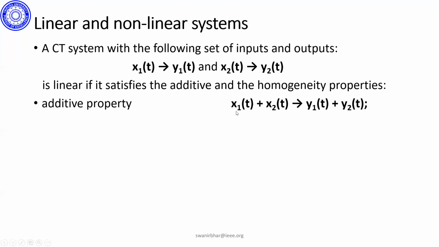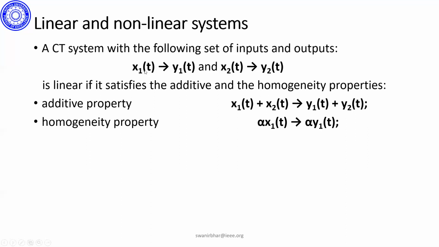The additive property means that for 1 ampere we have 1 volt, and for 2 ampere we have 2 volt, so when I give 3 ampere, which is a combination of 1 plus 2, I get 1 volt plus 2 volt. If this is satisfied, then it is following the additive property, but it is not exactly linear unless it also has the homogeneity property.